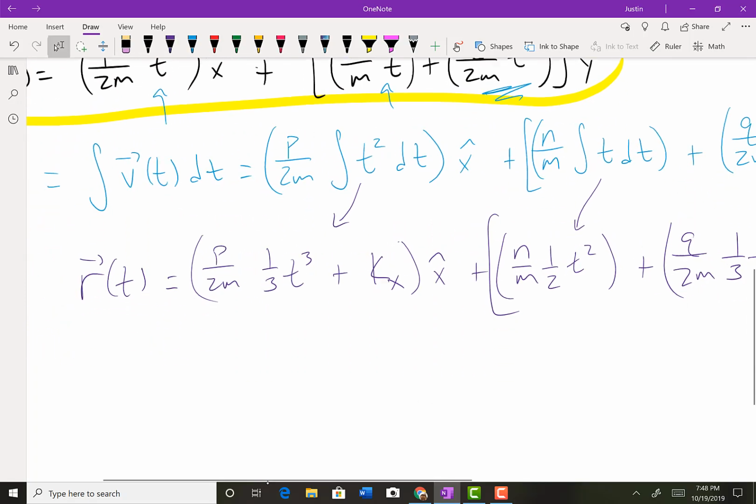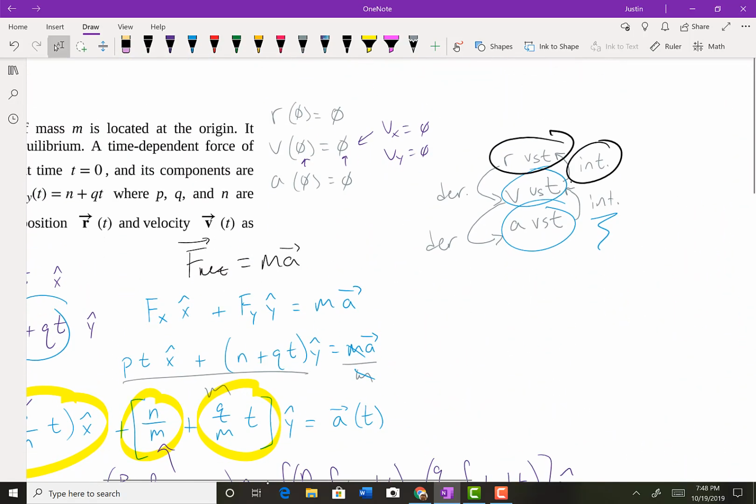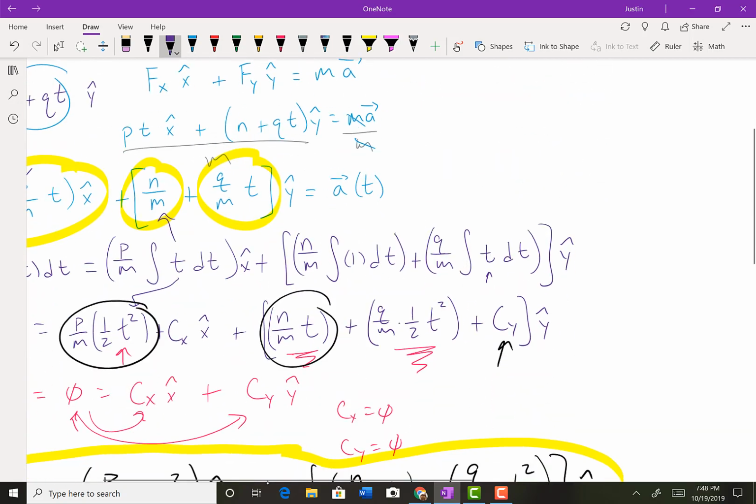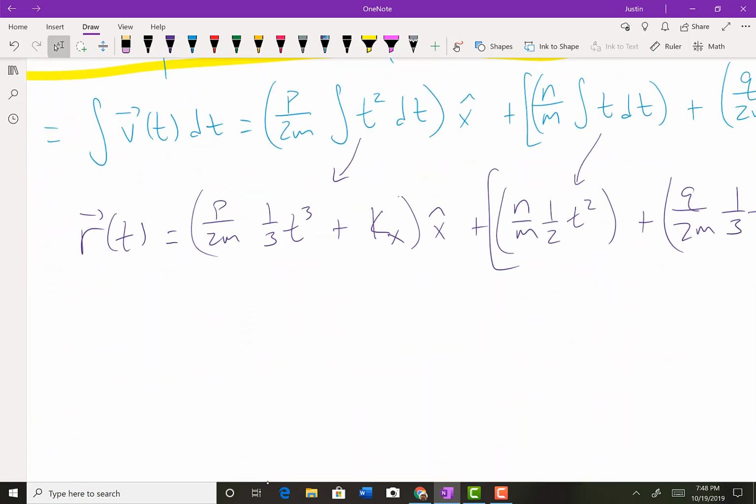All right, so again, we can establish some of these constants by giving our initial condition that when the time equals 0, the initial position is 0 because it's at the origin. So when time equals 0, r equals 0 in the y direction and the x direction.